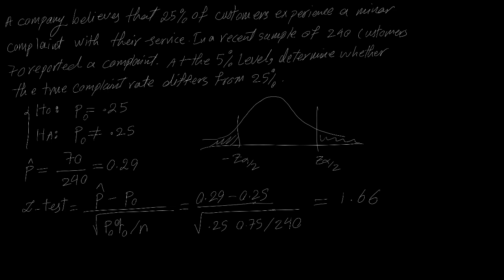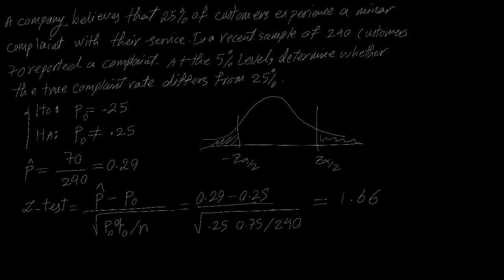To compute the p-value, now we have the Z test. Let's suppose that, as I don't know where the Z of alpha half is, here is 1.66. Then I'm going to check the probability of a random variable greater than 1.66 and compare it with the 5% level.